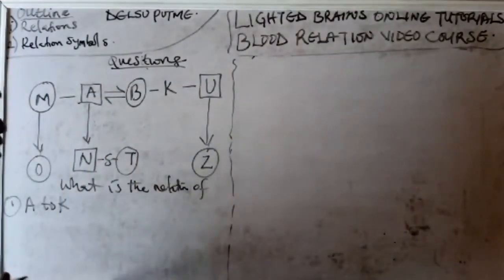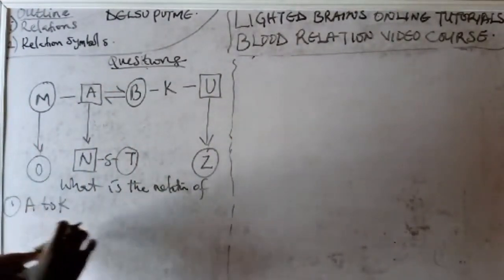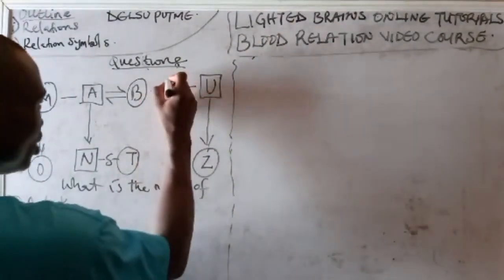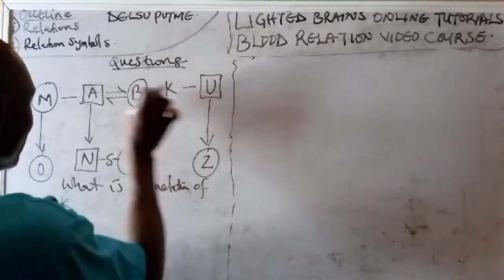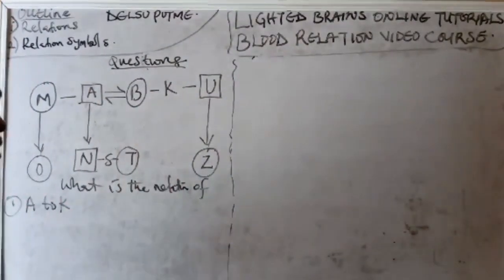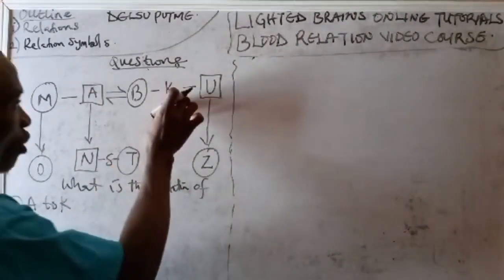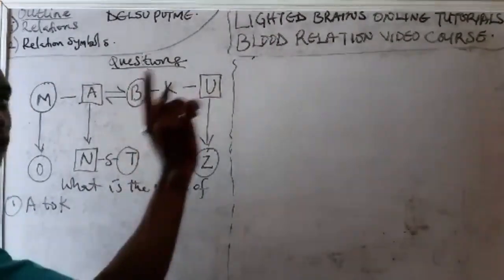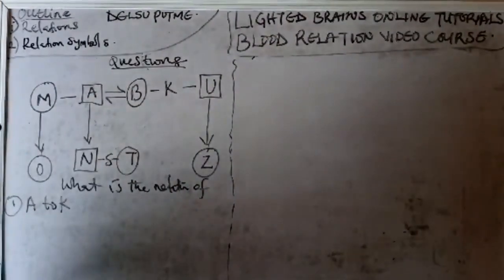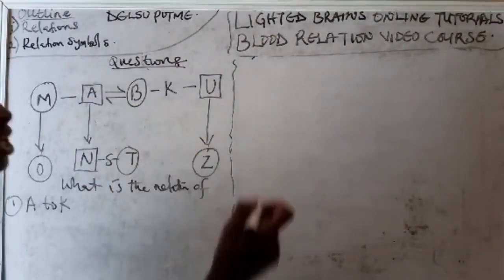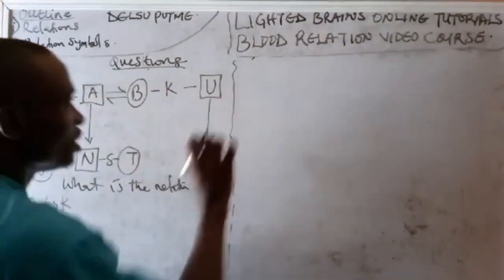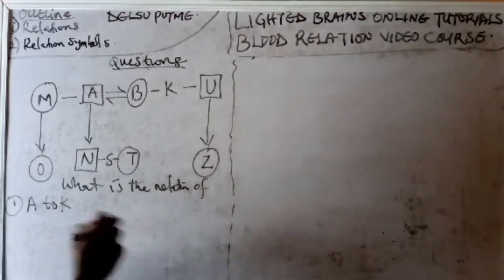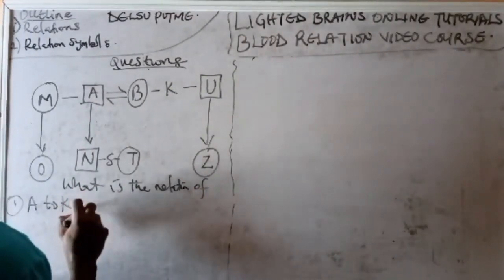Do you understand now? What is the relation of A to K? Do you get it? What can we call A in terms of relation to K? Whenever they say K to A, it means what can we call A in relation to K? Do you understand now? So now, 2.